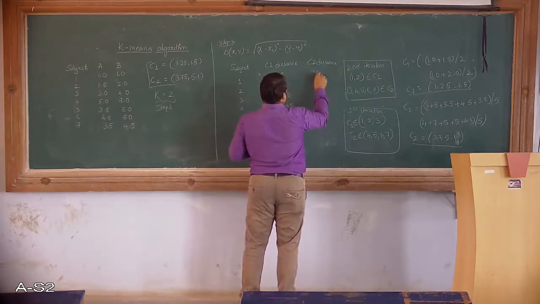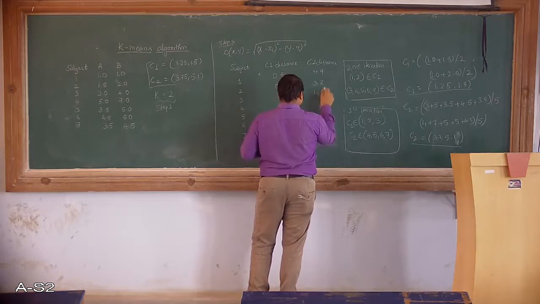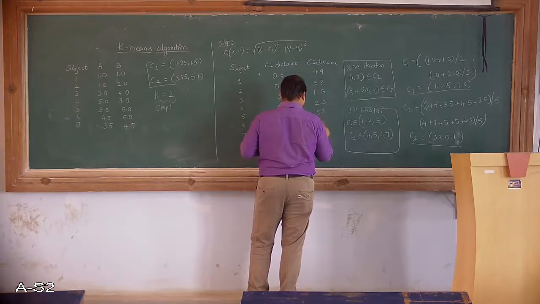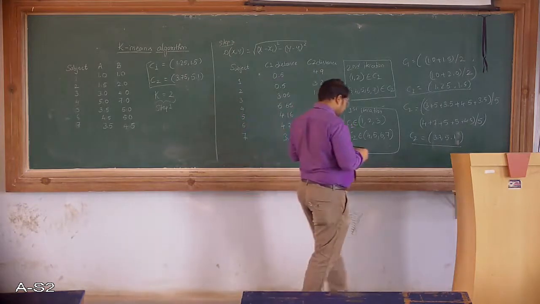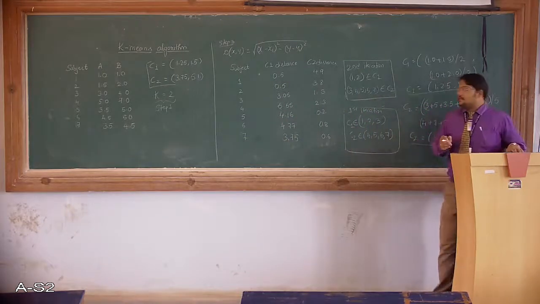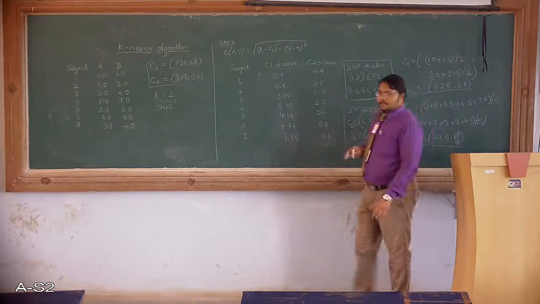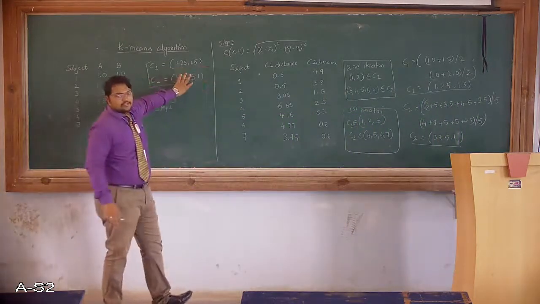For C2 this would be 4.9, 3.8, 1.3, 2.3, 0.2, 0.8 and 0.6. So now again we have computed the Euclidean distance using these two initial clusters.